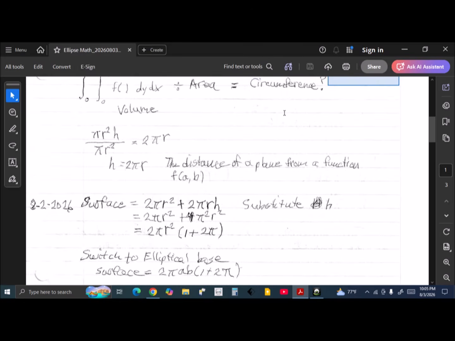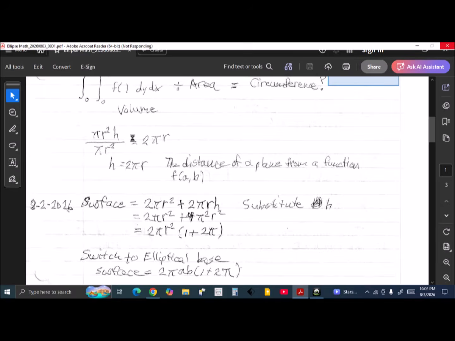So here I was going to calculate the surface area of the cylinder. And if the height was equal to the perimeter of the base, then that would be, in this equation, h equals 2 pi r.